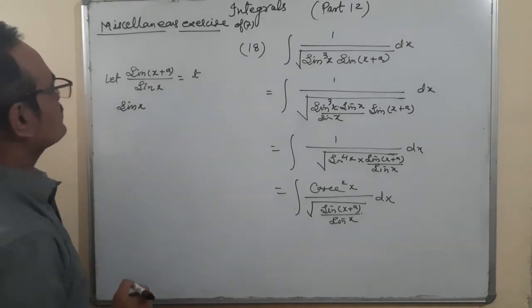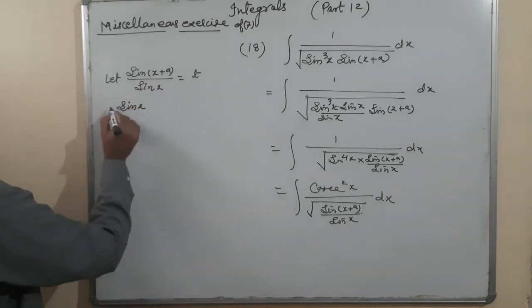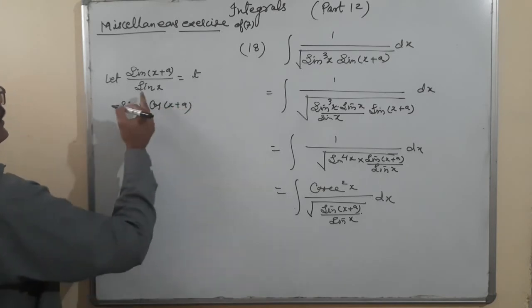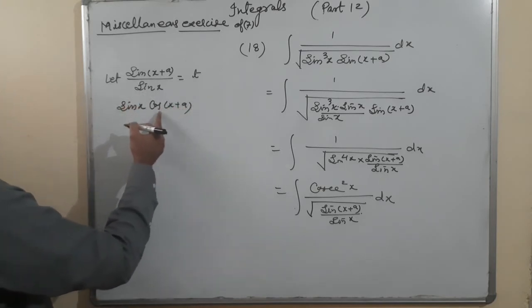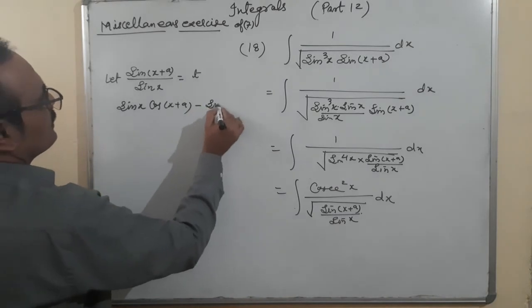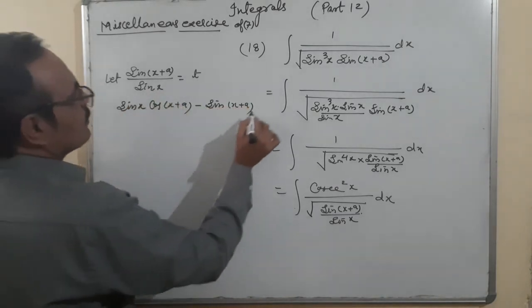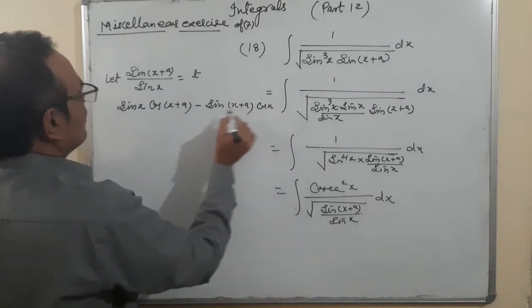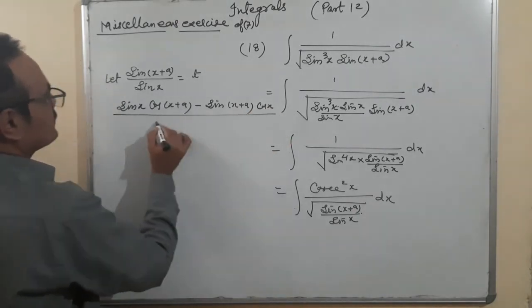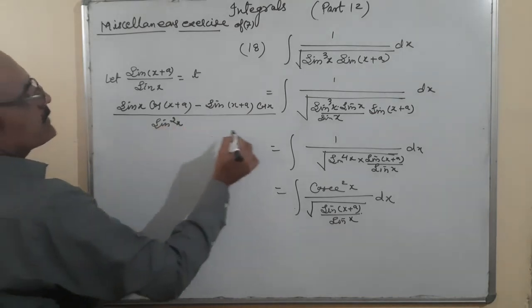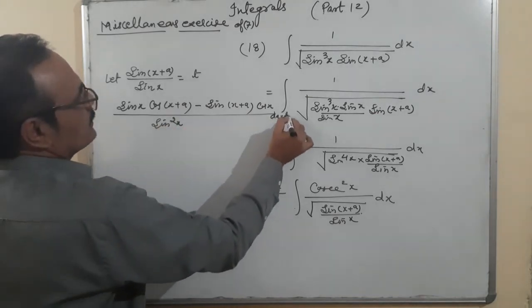The differentiation of sine x plus a is cos x plus a, and differentiation of sine x is cos x, upon sine square x. So dt is equal to the whole expression dx.